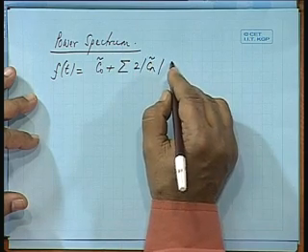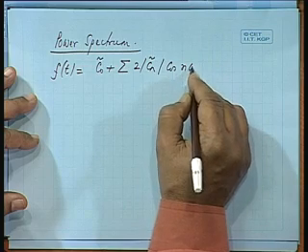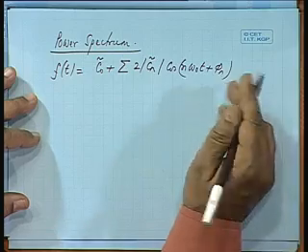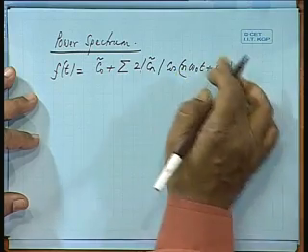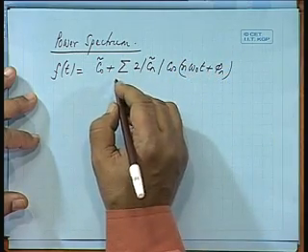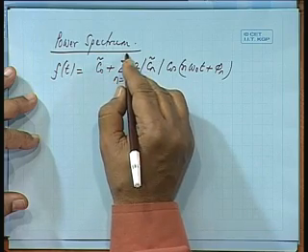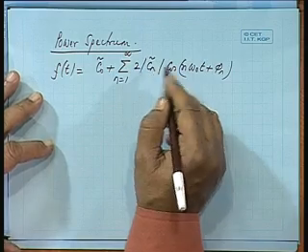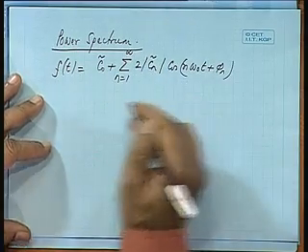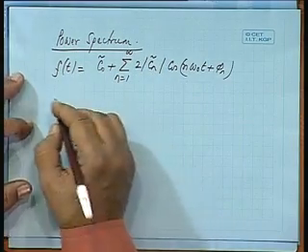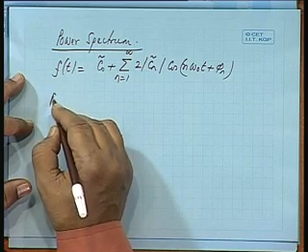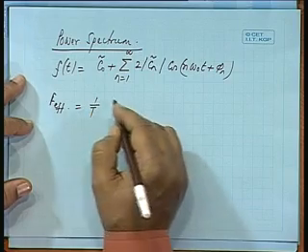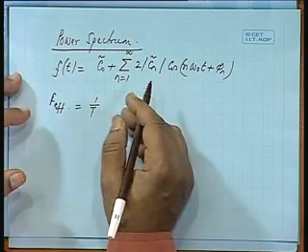So f(t) is C0 plus 2 into C n cosine n omega naught t plus phi n. You can write like this, sine and cosine terms put together. And C n was basically half of A n plus j b n or A n minus j b n.